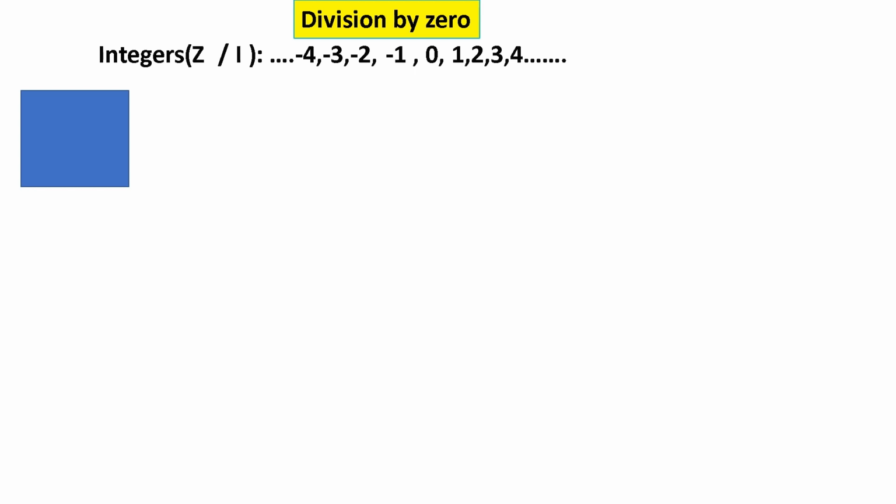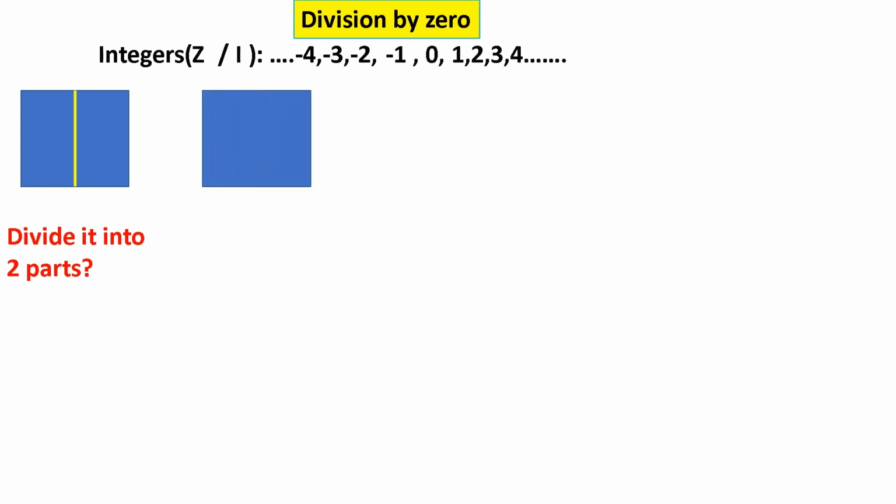Division by 0. Now here is a square. Divide it into two parts. Is it possible? Yes, two parts. And here is another square. Divide it into three equal parts. Is it possible? Yes, we will do it.